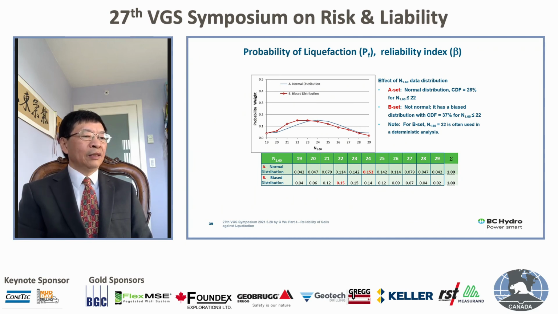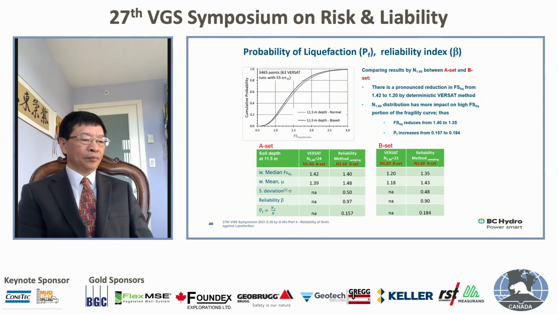You can see this figure is not a normal distribution; it's biased towards N160 of 22, where you get a probability of 37 at that point. And normally you would apply that N160 of 22 in the analysis when you do a deterministic analysis. Next slide.